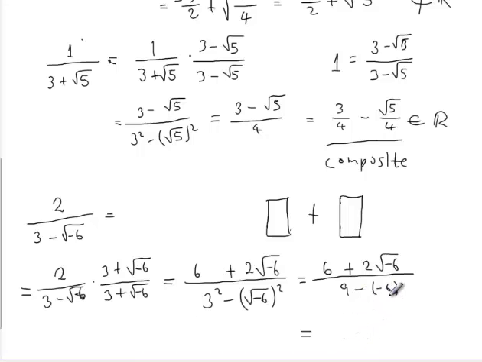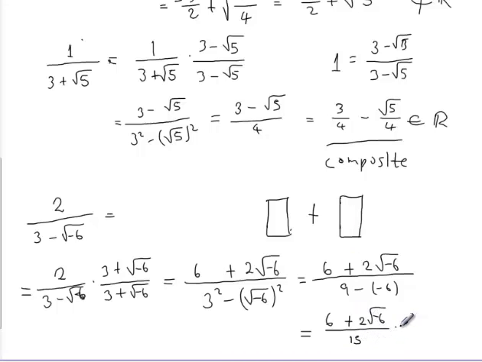Let's say, what do we have there? We've got 9 minus 6, which is 3. So this becomes 6 plus 2 square root of minus 6 over 3. Putting this in 2 packs like this is just to distribute this denominator.